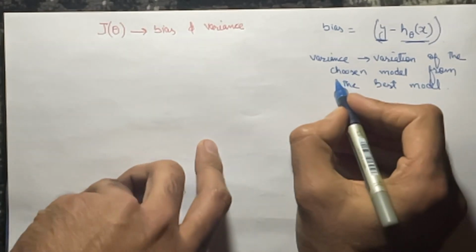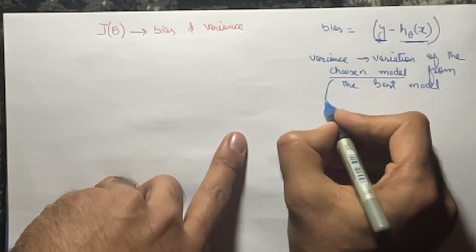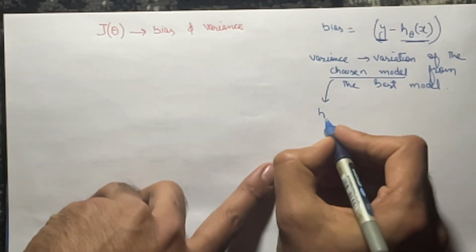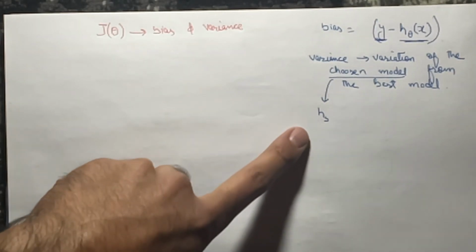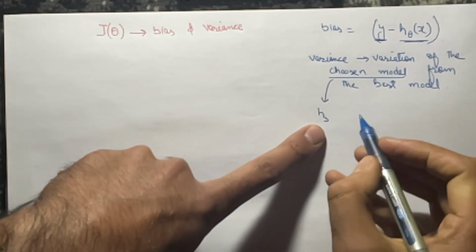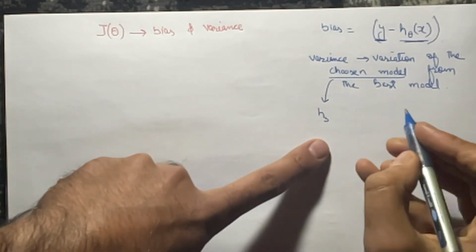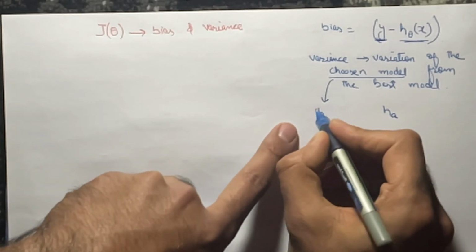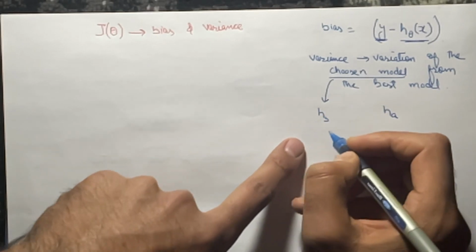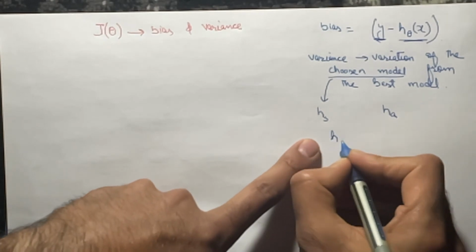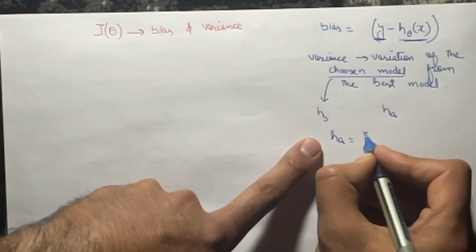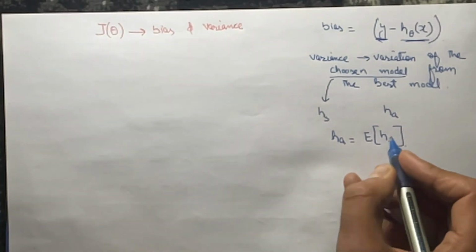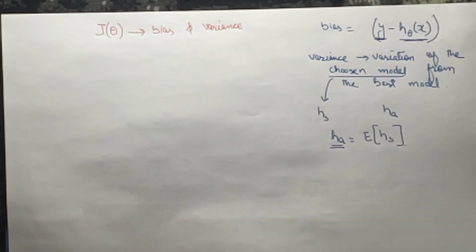How many models are possible? There are n number of models possible, so let's represent those by s. s can be 1, 2, 3, and the best model is ha, where ha is the average of all these models, or the expected value of hs. The average of all these models is the best model.